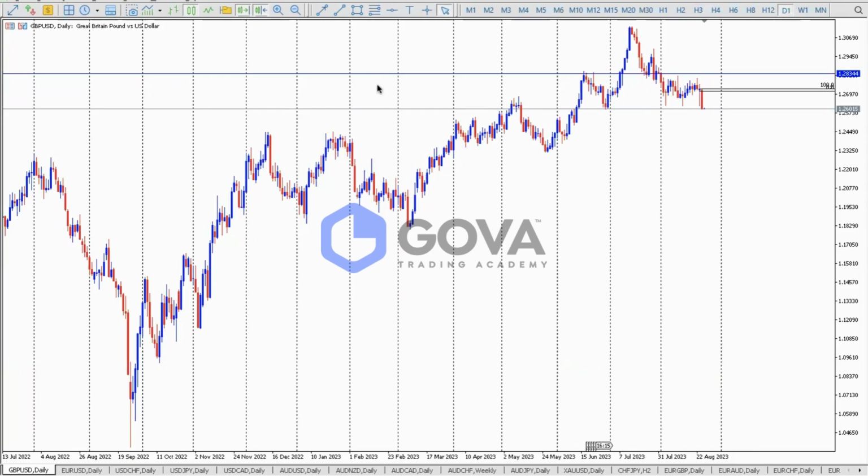Look at structure, guys. Again, look at structure. Market has been giving us this structure before, right? Can you see the structure? So we are expecting something like this and like this, isn't it, guys?